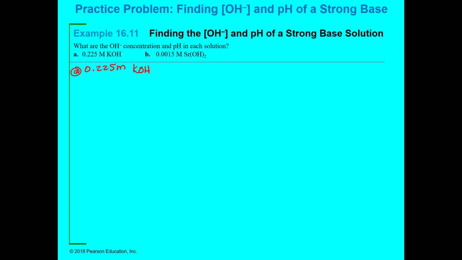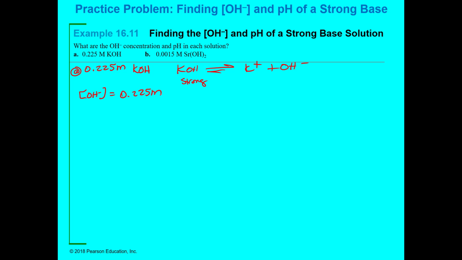So when you have a solution of KOH, since it's strong, everything is going to ionize into K plus and OH minus. So the OH minus is also going to be equal to 0.225 molar.